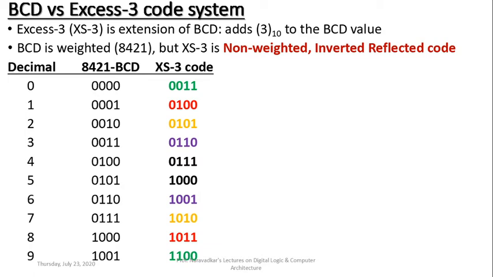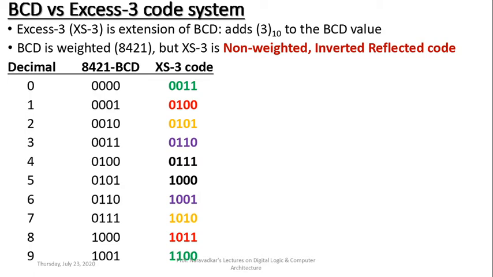See that the first entry pertaining to decimal 0, XS3 0011, and the last entry pertaining to decimal 9, which is 1100. Try to find the correlation between these two entries. 0011 and 1100 are nothing but inverted values.